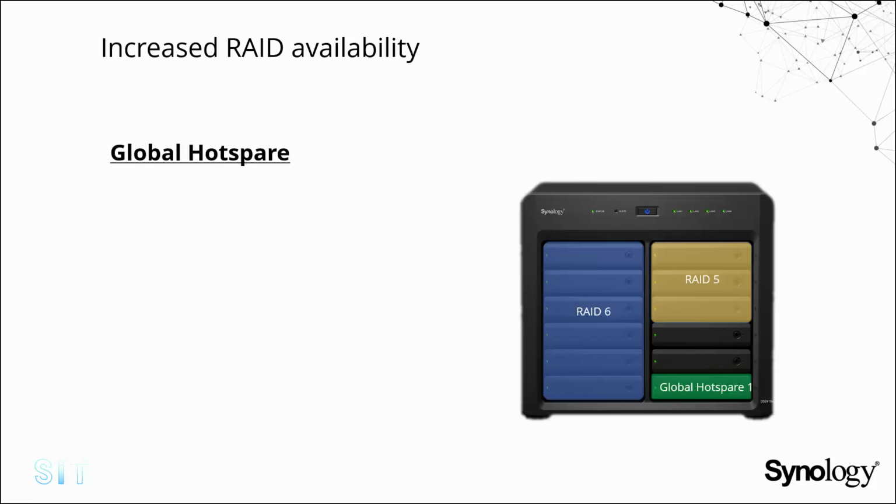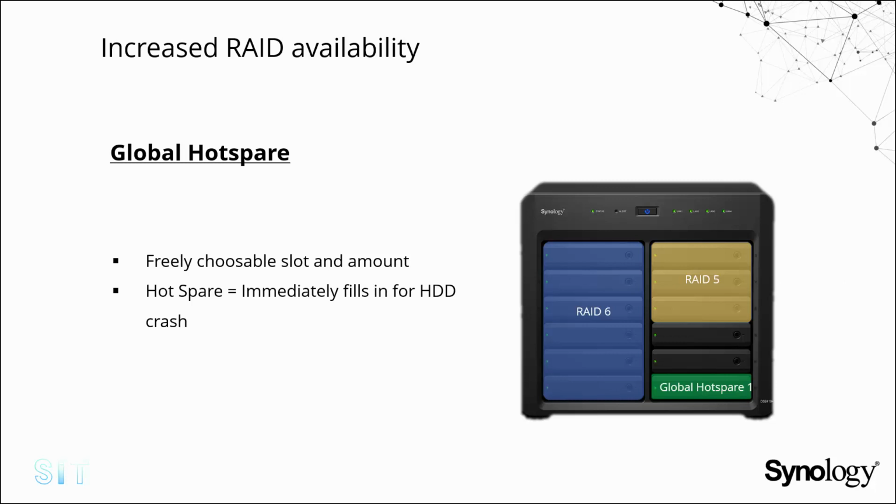Another feature worth mentioning is the global hot spare hard disk. Here we define one or more HDDs which are not actively used as storage. And hot spare then means that this predefined HDD immediately jumps into action if a hard disk fails from the RAID and repairs the RAID. So we do not have to be present or manually set something in the DSM.